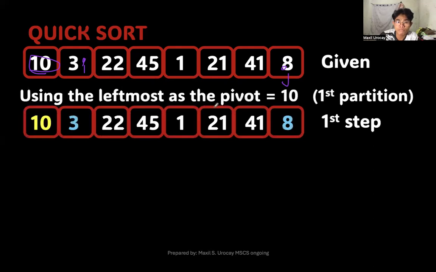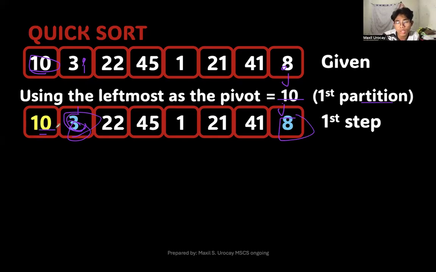Now, using the leftmost as the pivot, 10, in our first partition, this is the first step. This will be your I right now, and this will be your J right now. Your I is 3, and that is less than 10, so there's nothing to worry about. Keep as is. Now for the J, that is 8, and that is less than 10, our pivot.